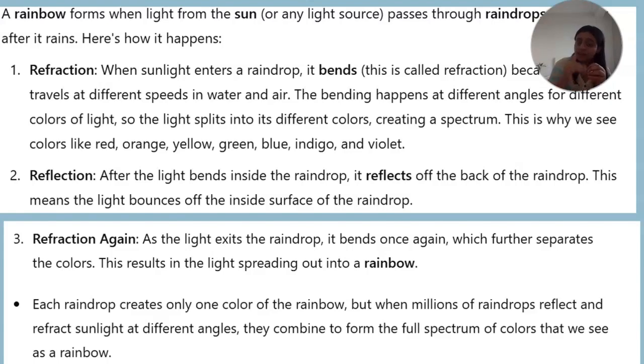So reflection is happening inside the raindrop, and then again refraction will happen when it bends down as it comes outside the raindrop to give the colors. Okay, so each separate color is formed from each single raindrop, which when accumulated form the rainbow. So all three processes, refraction, reflection and transmission, are happening in the rainbow.